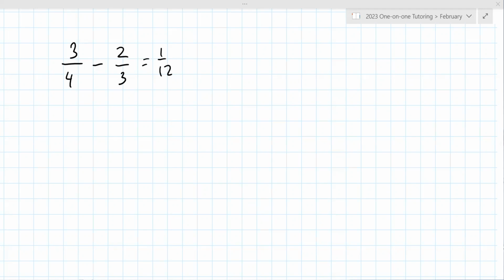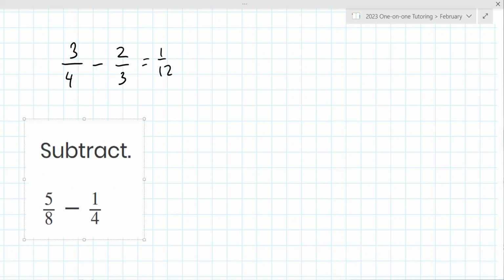All right, next question here. Again, I'm going through lesson 3.10, so you might find these useful. Okay, here's a new problem for us to work on. You have to decide, when the denominators are different, if you need to multiply them both or just one of them.